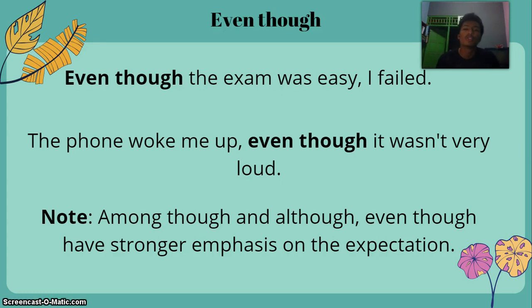If you want to use a stronger emphasis or stronger contrast, you can use even though instead of although or though. So it has a stronger emphasis on the meaning of the sentence. Okay, let's go to the next example.